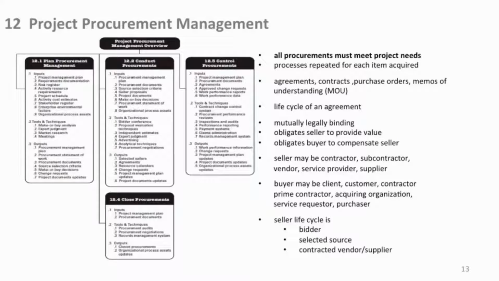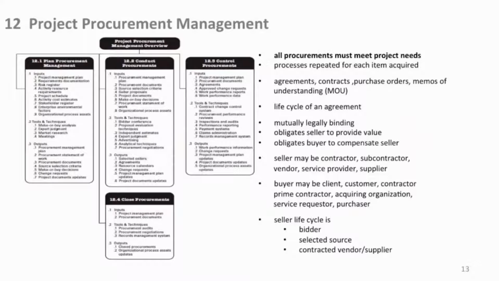It says here the processes are repeated for each and every purchase or item required. Now that's not saying that if you have a purchase order for 10 items to supplier B, you're going to go through this process 10 times. You'll go through it once for that purchase order, and if you have 15 purchase orders you issue, you will do these processes 15 times. It's unique to the commitment.